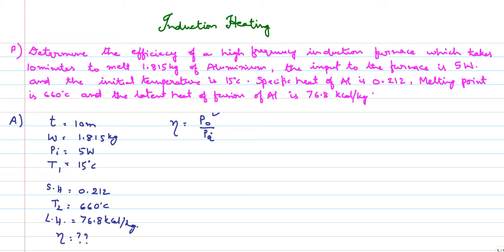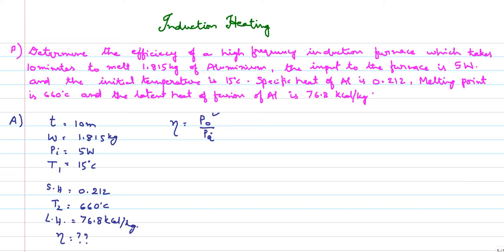So let us start solving it. We need to find the heat required to melt the aluminum and then the heat required to raise the temperature of the aluminum. We need to melt the aluminum, the melting point has been given and the initial temperature is 15 degrees centigrade.